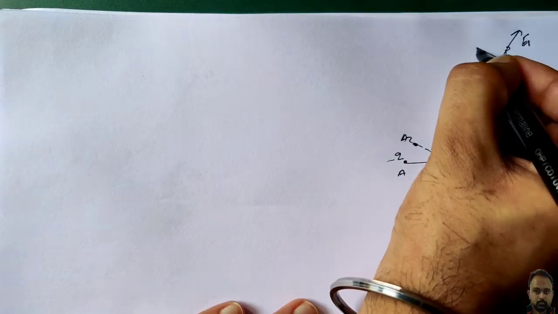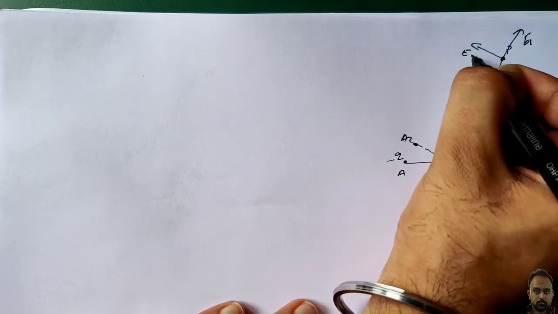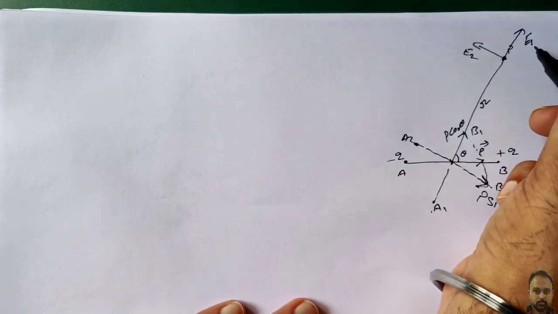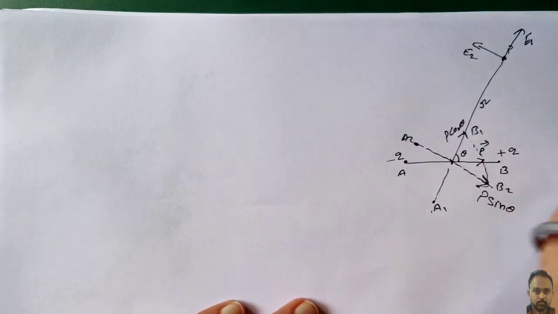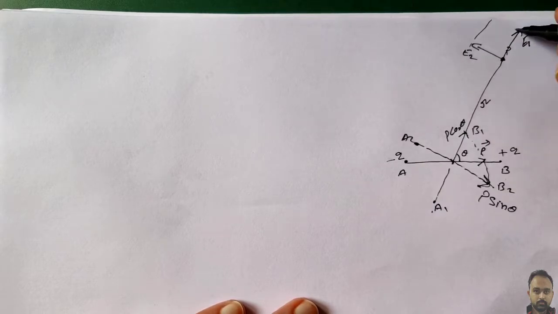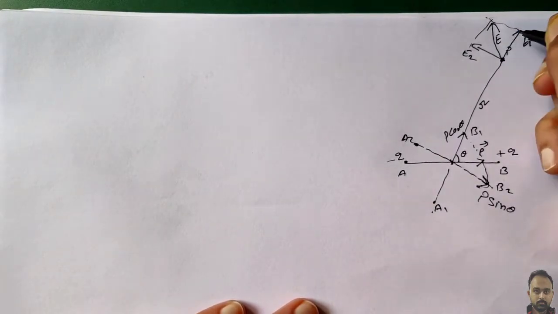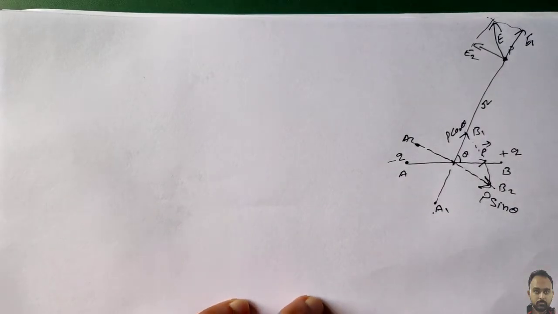So E2 will be in this direction. So this is E2 due to A2B2 and this is E1 due to A1B1. So the resultant of the two will be this. This is the resultant electric field E at this particular point P that we have to find out.